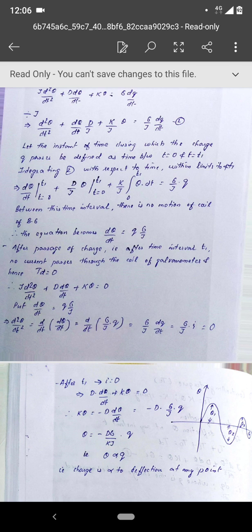So the result of the 0 to t1 interval is taken into the equation after t1. That result is substituted and we get the deflection, which is directly proportional to q, and whatever changes in q happen between 0 and t1 are taken into the equation after t1. So we get the final result.